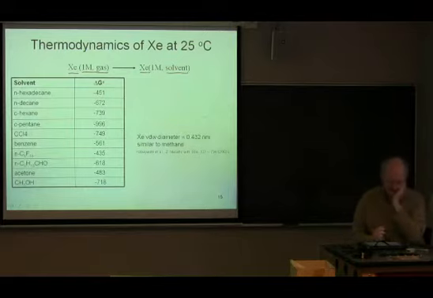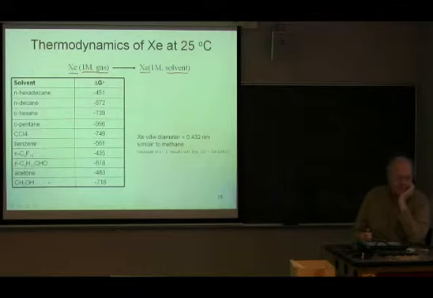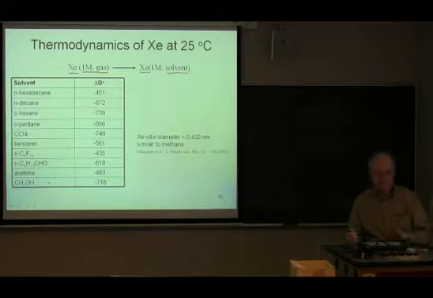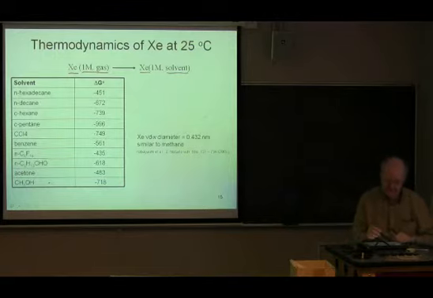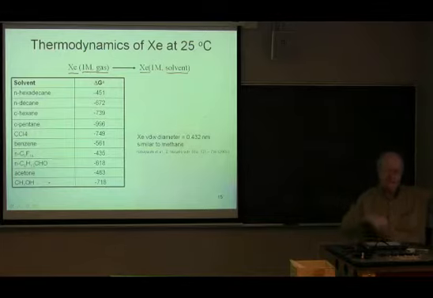And let's look at these solvents, and you'll agree that these are all reasonably nonpolar solvents, including methanol, which certainly has a nice solubility in water, but it's a lot less polar than water. And the transfer from the gas phase into the solvent, not water, but into these nonpolar solvents, these are all pretty favorable transfers from the gas phase into the solvent.